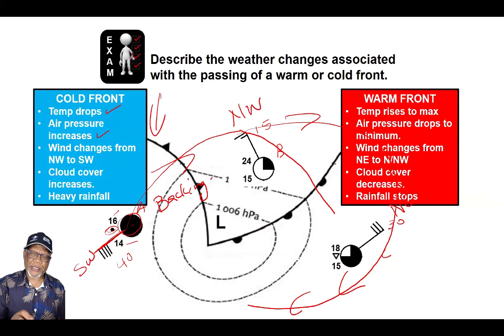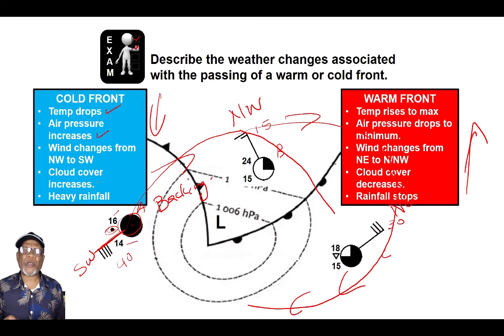And now you can see the wind changes in direction. That is because of that clockwise circulation. The cloud cover is going to increase because rising air condenses, and we can experience precipitation, even heavy rainfall.